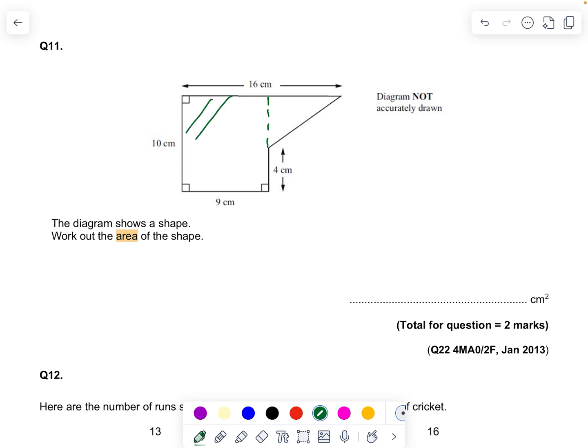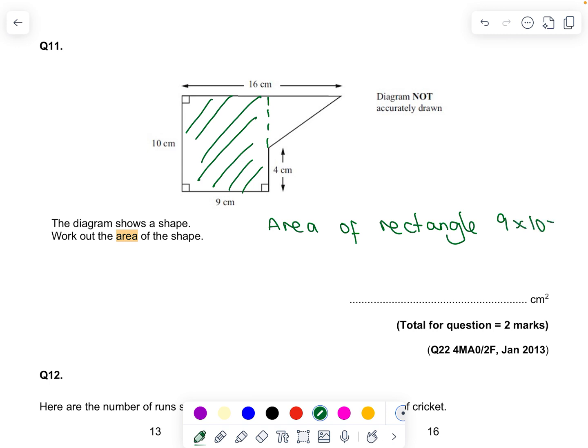So this rectangle here is 9 times 10, so the area of the rectangle is 90. And then I'm going to find the area of the triangle.